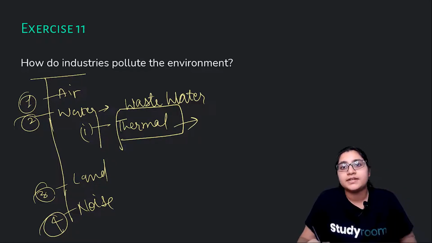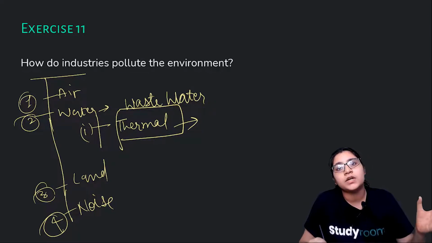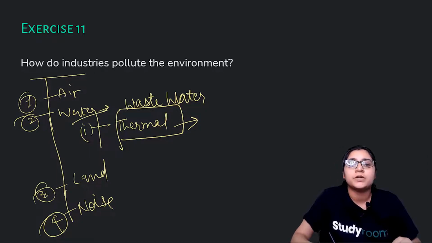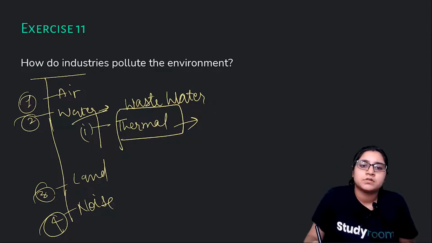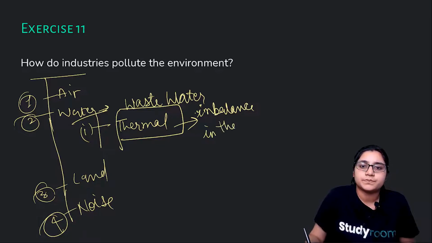And there is a temperature difference between the original water and the water sent through the factories, so it causes an imbalance in nature, or an imbalance in the water temperature.